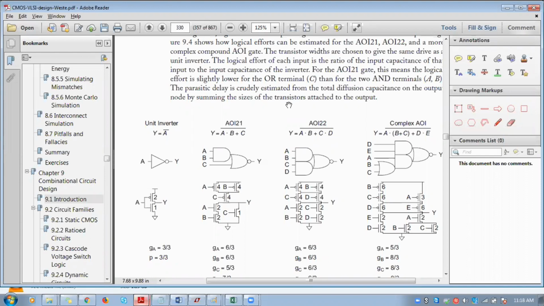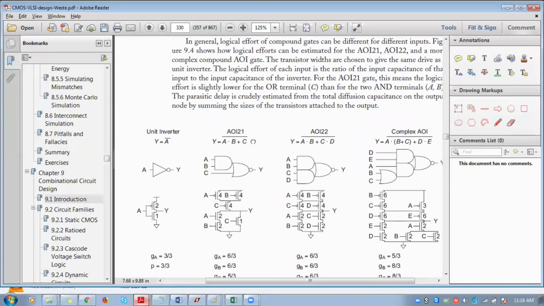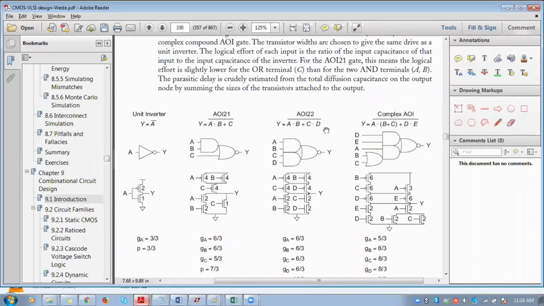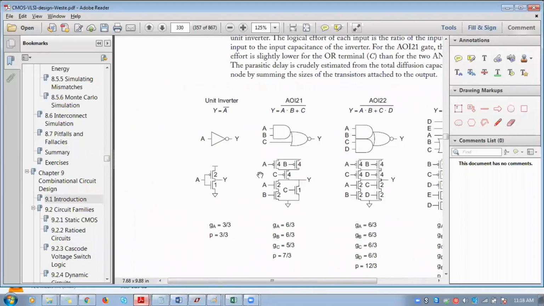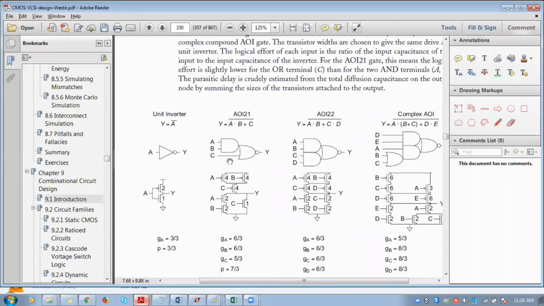All these types of circuits you have seen in the first unit. In this unit, they have given several logic functions with dot plus dot combinations. At that time, while calculating the logical effort, you have to calculate the logical effort of each and every input.